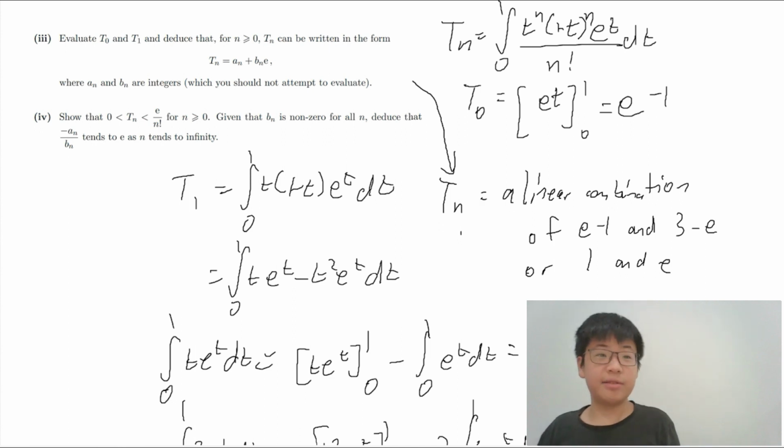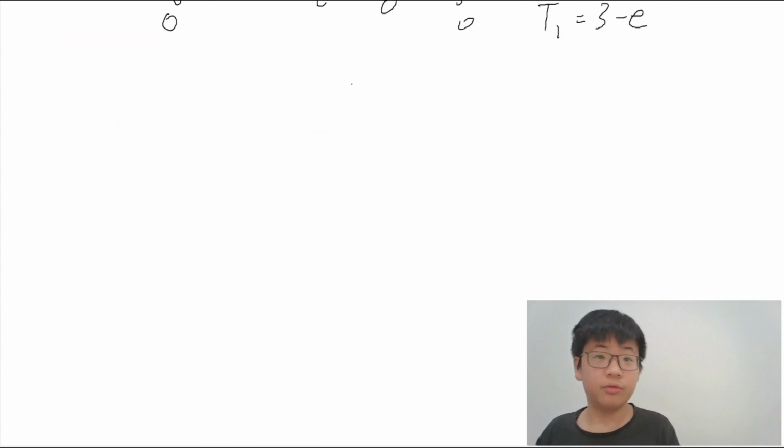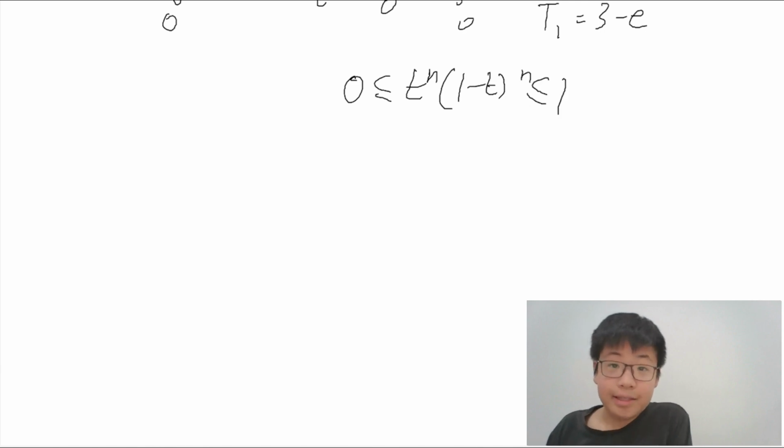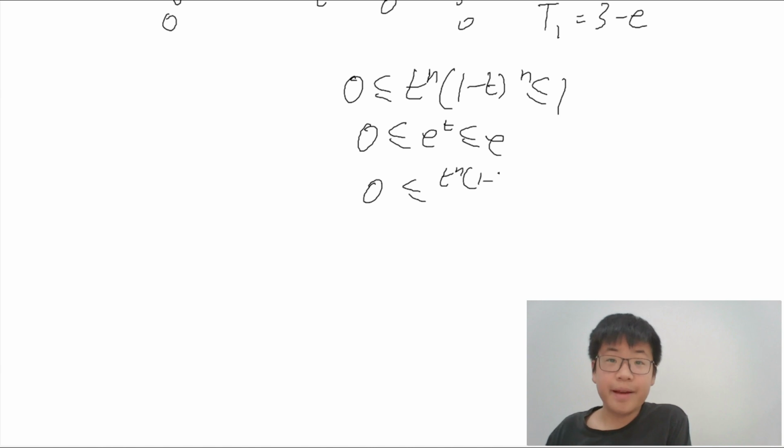So show that 0 is less than Tn is less than e over n factorial. So for 0 ≤ t ≤ 1, 0 ≤ (1 minus t)^n e^t ≤ e, so this means 0 ≤ (1 minus t)^n e^t over n factorial.